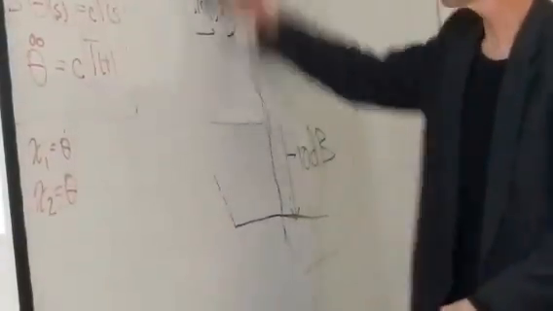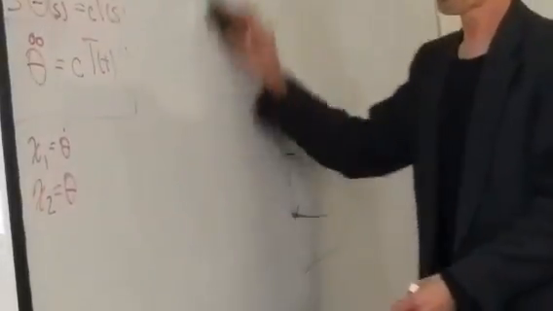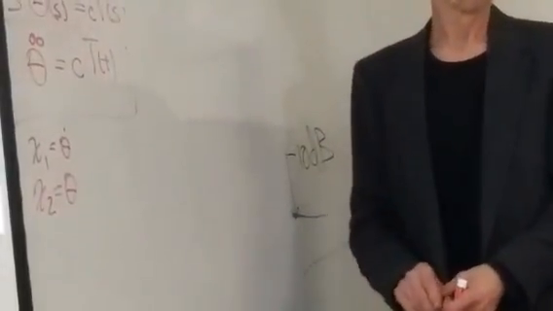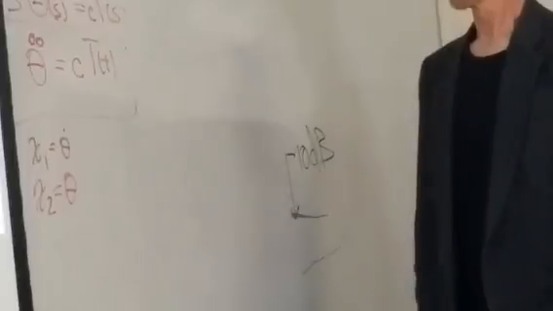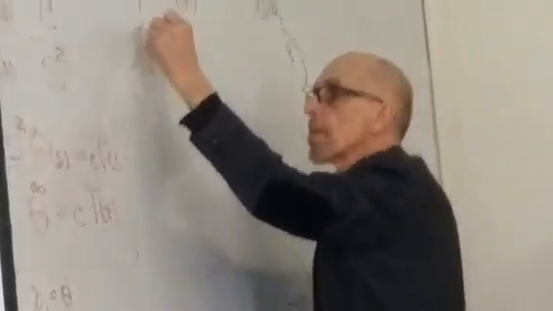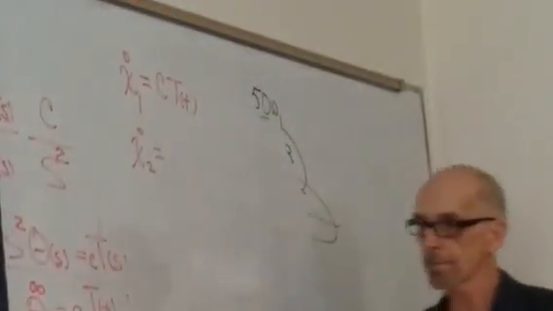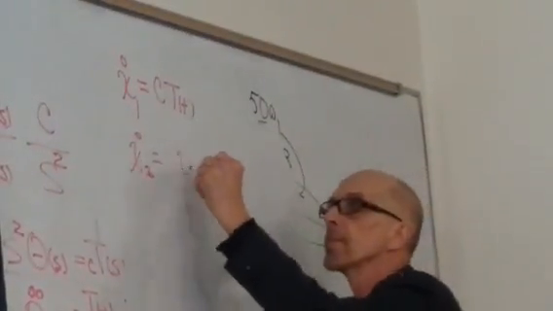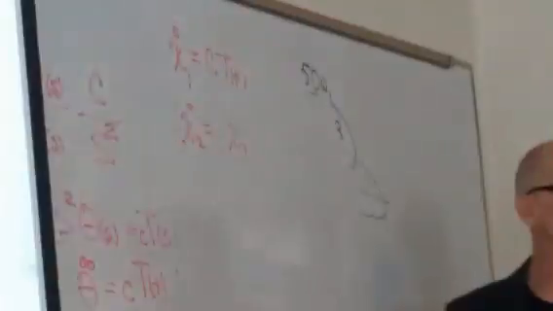Now what does this differential equation become? And what's x2 dot? And how do I put that in state form?